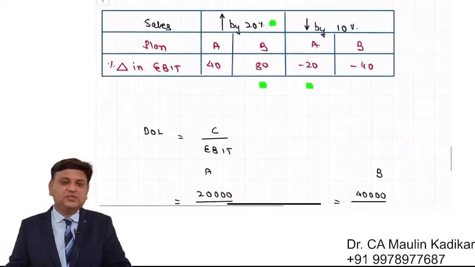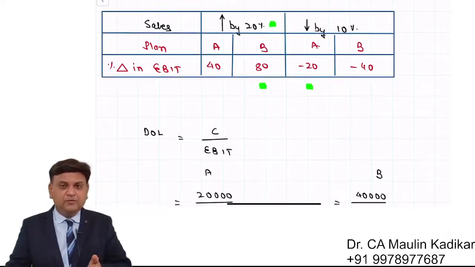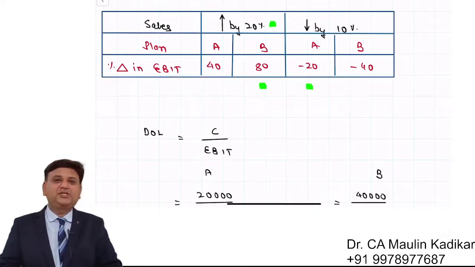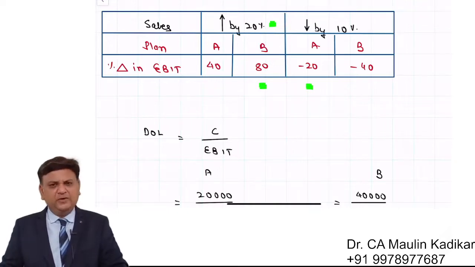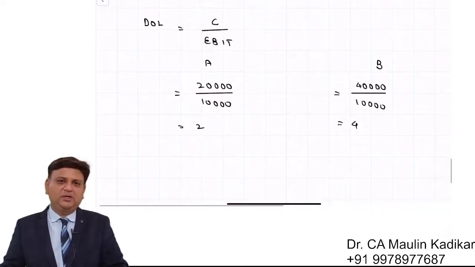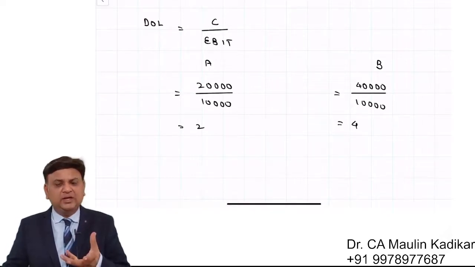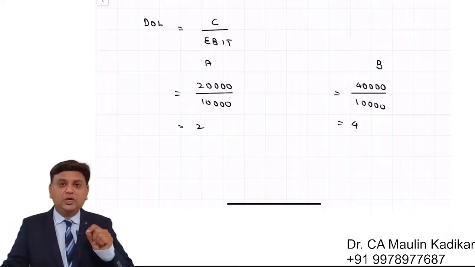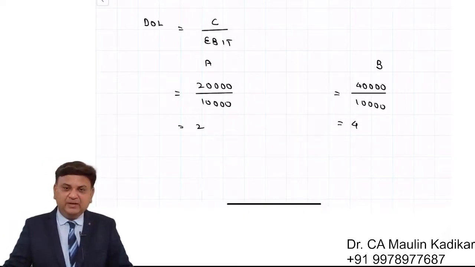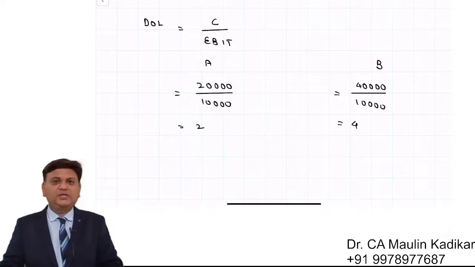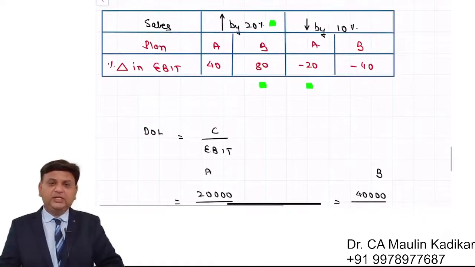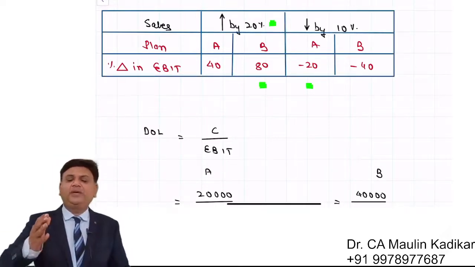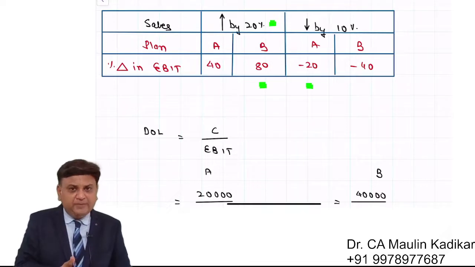You can see that in a situation where the sales is improving, for plan A, the increase in the operating income is at a lower rate in comparison to B. And if you are not sure, or maybe you have a fear that the sales of the company will fall down, you should have the lower leverage. Why? Because if the sales of the company reduces, then for both the operating plans the operating profit is definitely going to fall down.